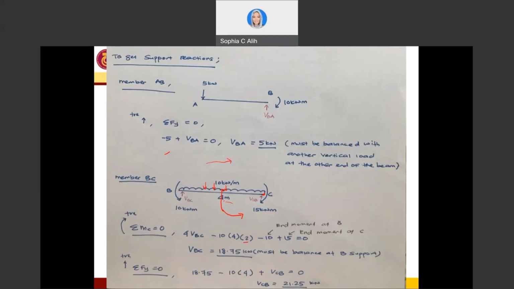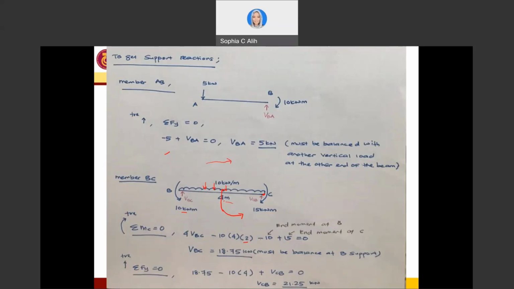I also have the moment, this one is negative because it is counterclockwise, 10, and this is another one, clockwise direction, positive, so this is where it comes minus 10 times 15, because this is the end moment at B, and moment at C equal to 0. I solve this equation, I will have VBC to be 18.75, and this 18.75 has to be balanced.